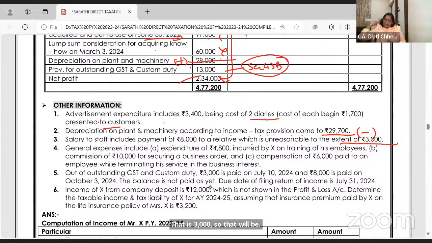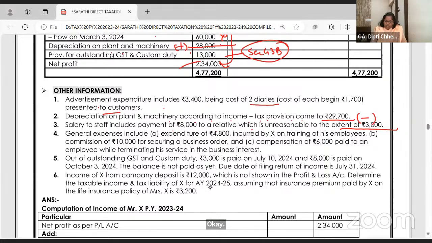Okay, right. Next, general expenses include 4,800 incurred on training of employees. Can we incur expenses on training of employees? Allowed. And you have debited it in general expense. Nothing to do. Expenditure allowed and already debited in the P&L account. Nothing to do.